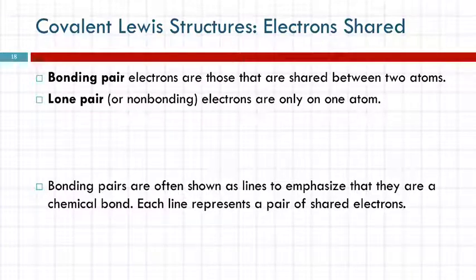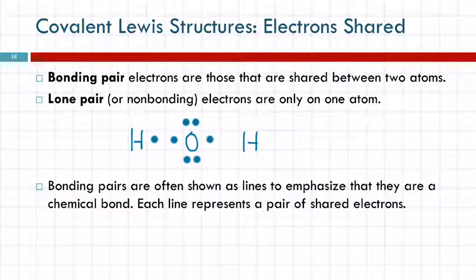So I'm going to draw that again. So here we have hydrogen, oxygen, hydrogen. And we're sharing those electrons. So we have bonding pairs and we have lone pairs or non-bonding pairs.